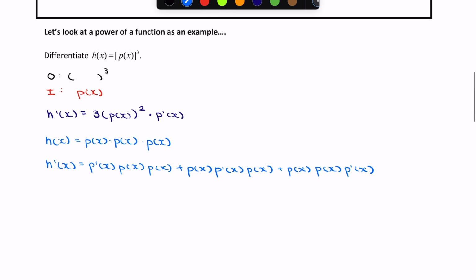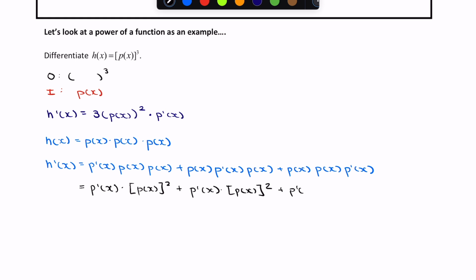If we simplify that, we will have p prime of x times p of x squared, plus the same thing for each of these other ones. So p prime of x times p of x squared, and the same one for this last group here as well.